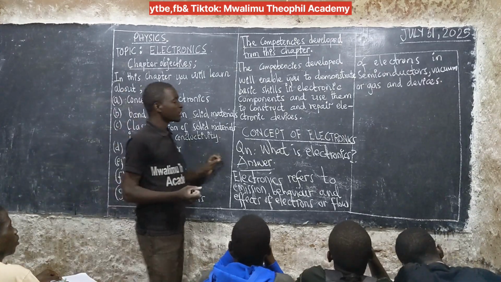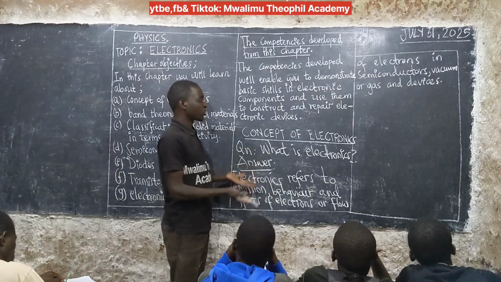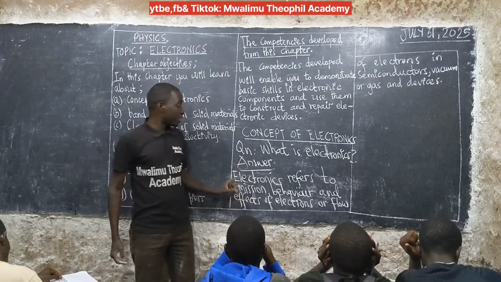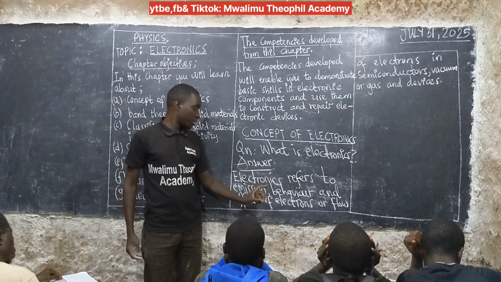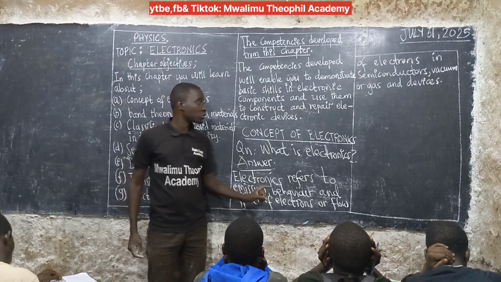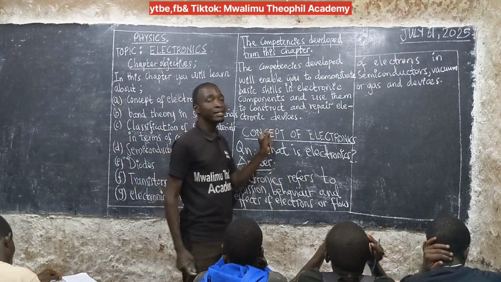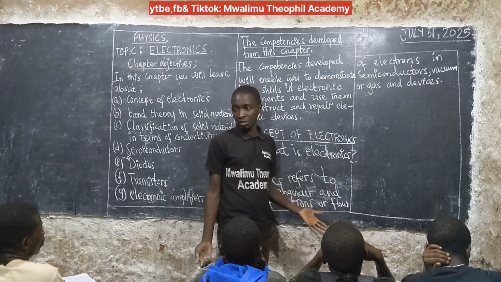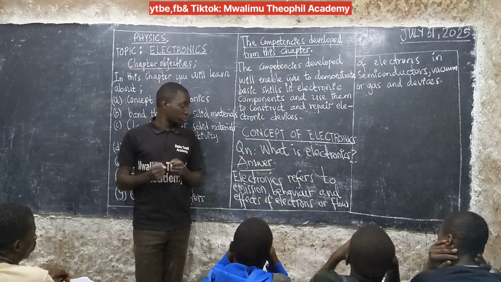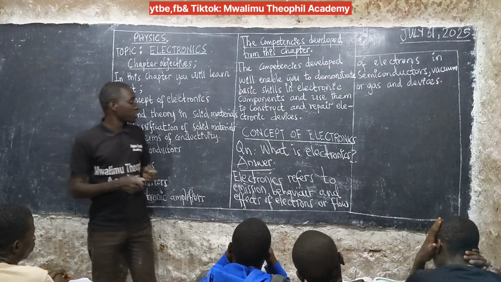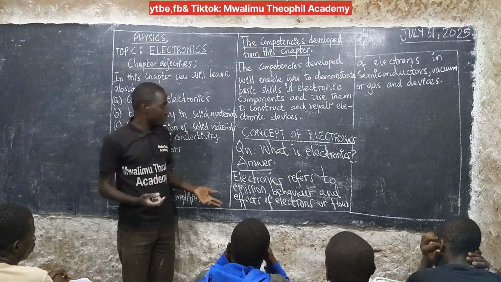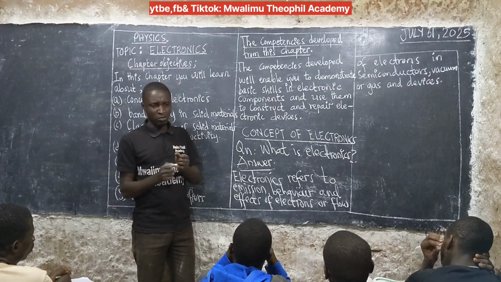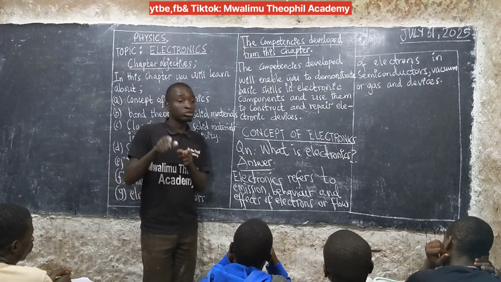So simply, what is electronics? We say that electronics refers to the emission, behavior, and effects of electrons or flow of electrons in semiconductors, vacuum or gas, and devices. As I told you before, when we speak about electronics, electron is there.